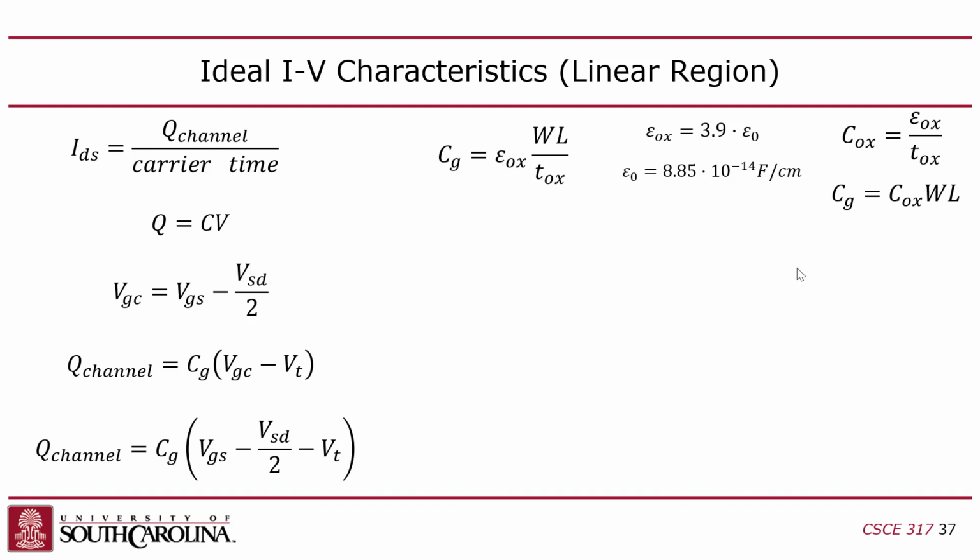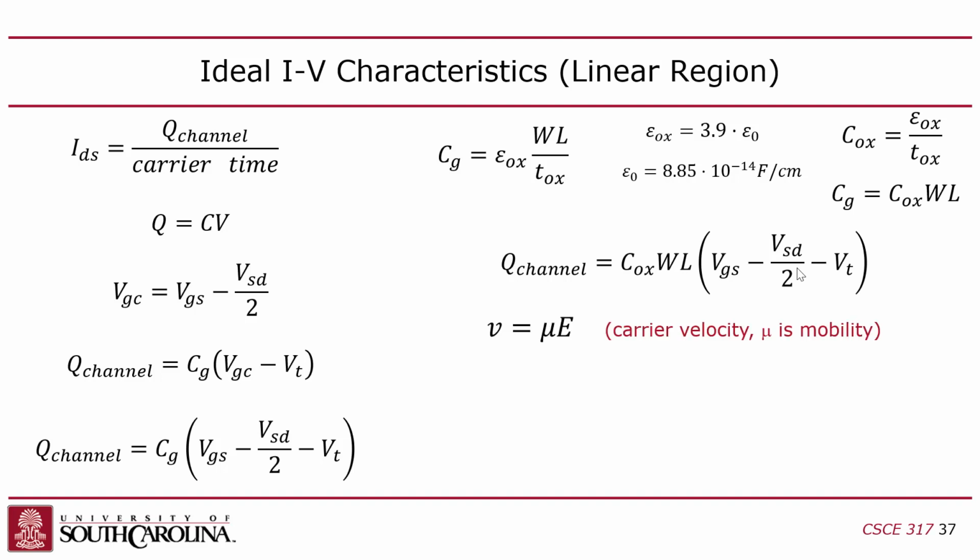So this C oxide becomes a technology parameter. That's what you get from TSMC or whoever's making your chips. Okay, so then you can build this in: the charge of your channel is C oxide times width and length, which is the capacitance of the channel, and we multiply that by the voltage.